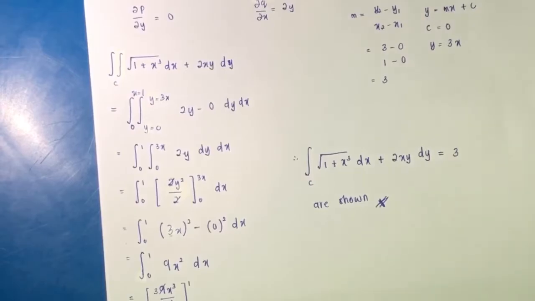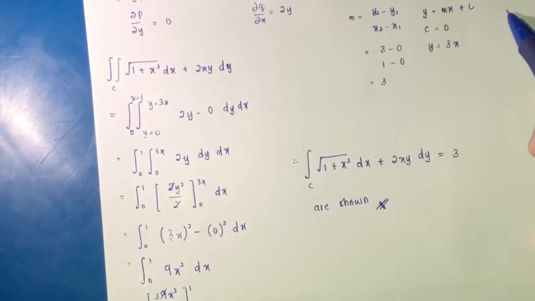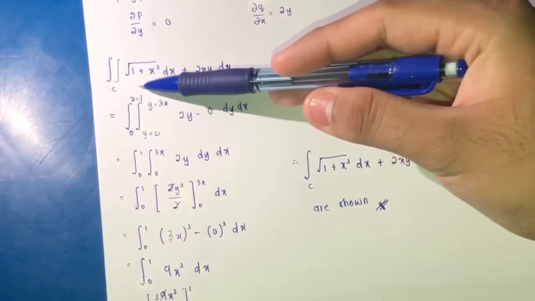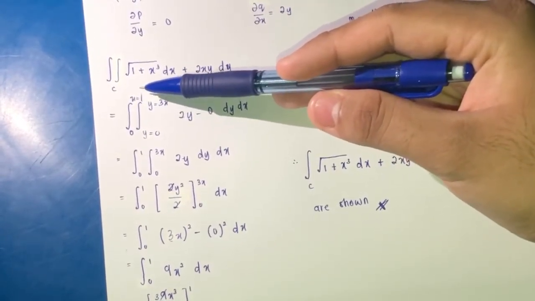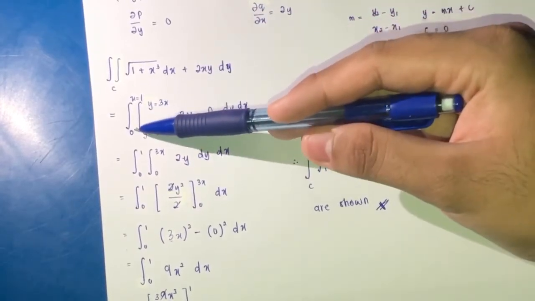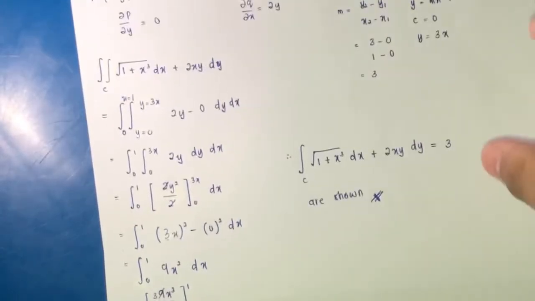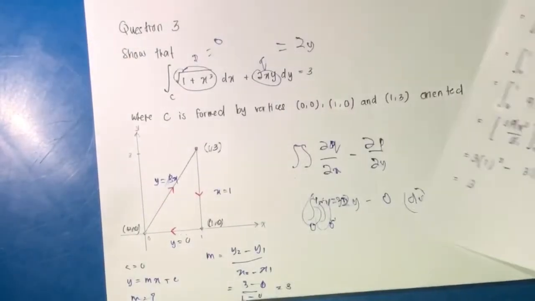As I said before, x is equal to 1 and 0, and y is equal to 0 and 3x, which we got from this graph.